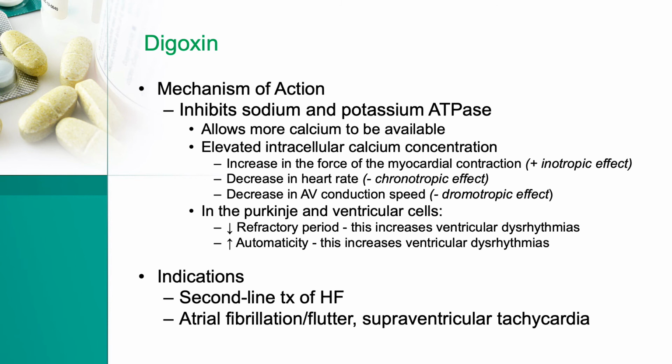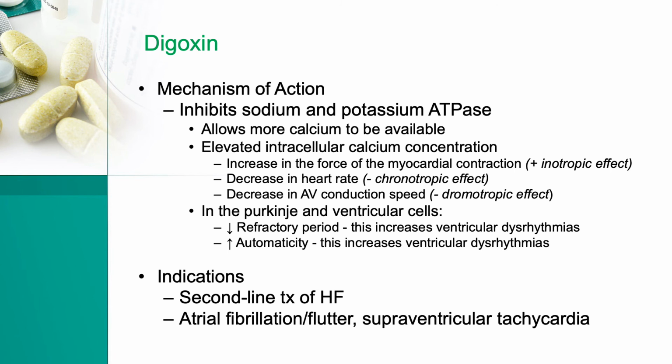However, in the Purkinje and ventricular cells, it decreases the refractory period, which increases ventricular arrhythmias, and it increases automaticity, and that also increases the number of ventricular dysrhythmias.